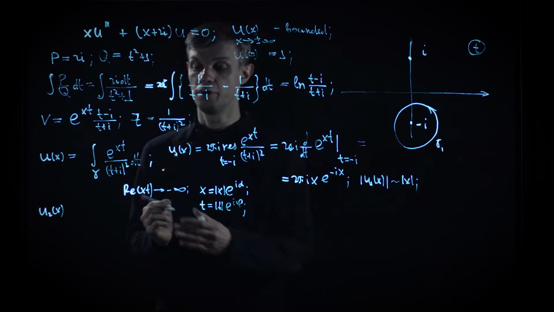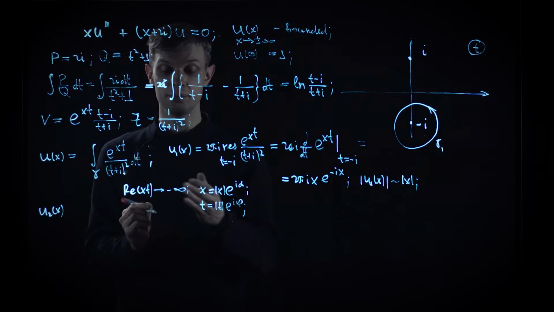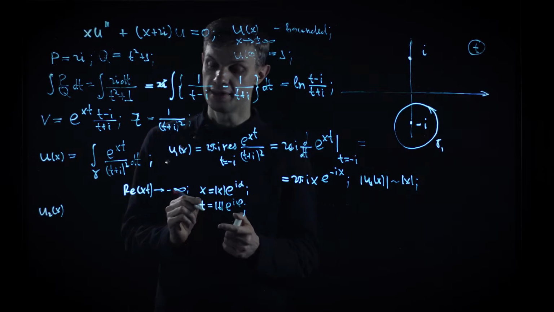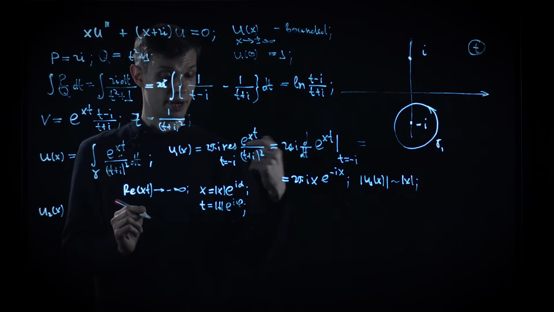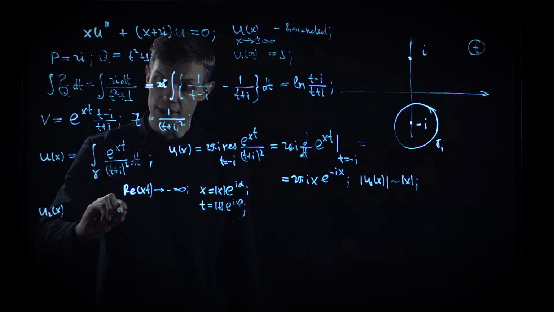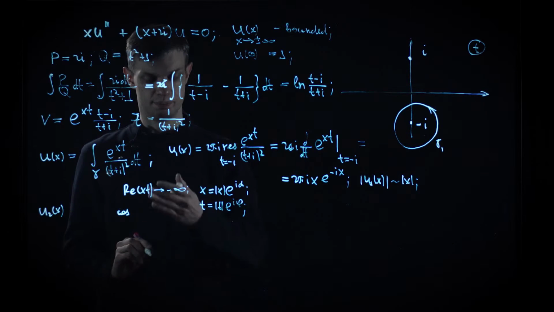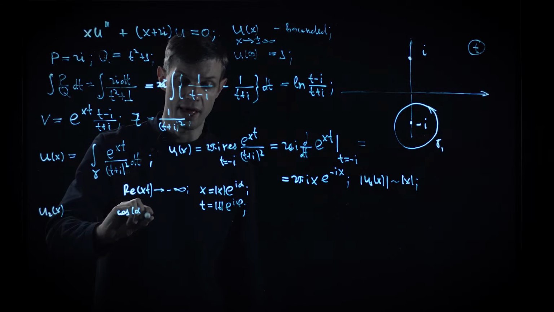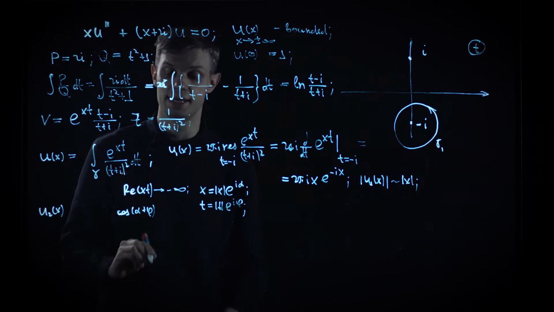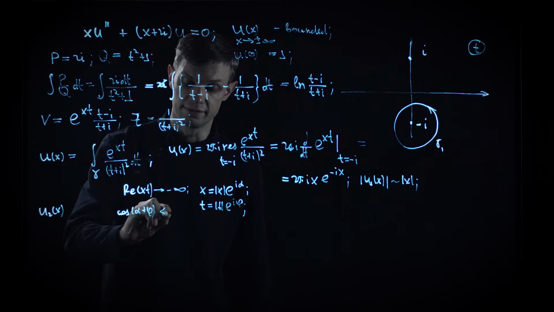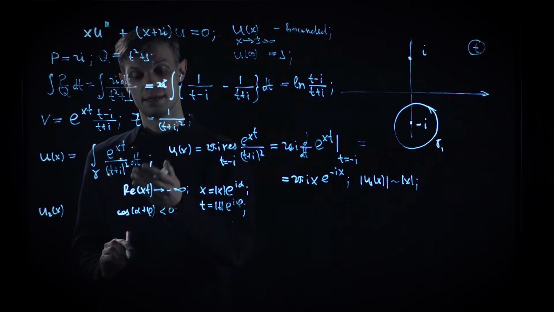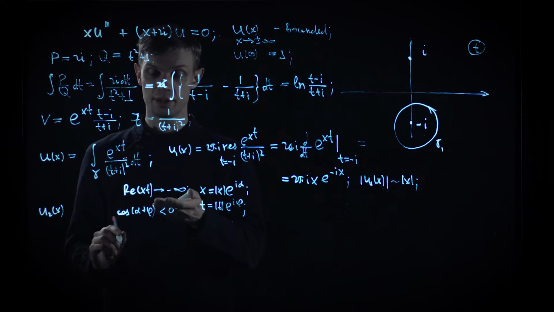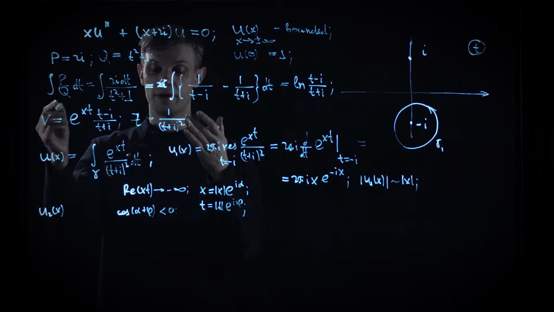And when we take the real part of this product and require that the real part tends to minus infinity, it's equivalent to the condition that the cosine of alpha plus phi, the sum of these two arguments, is negative. And if this condition holds, then we achieve the vanishing of our v function.